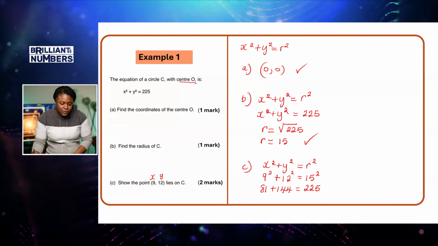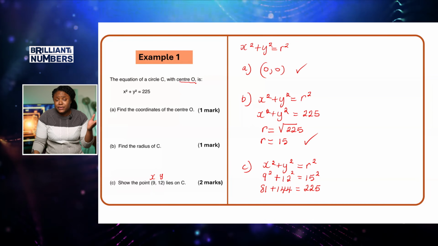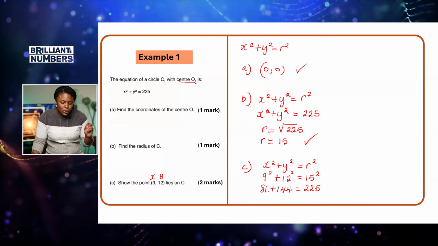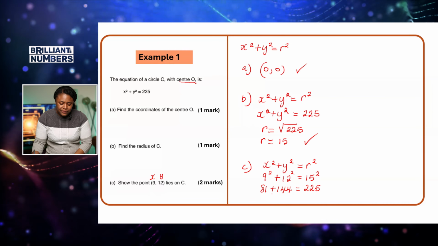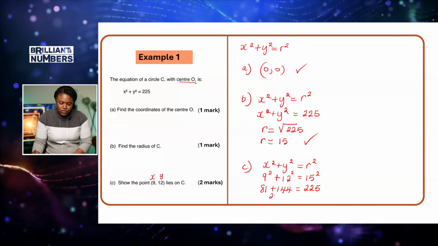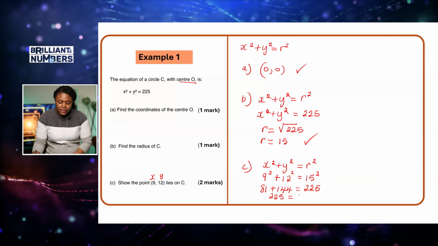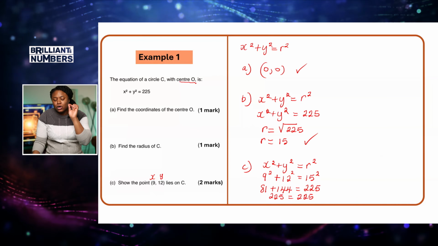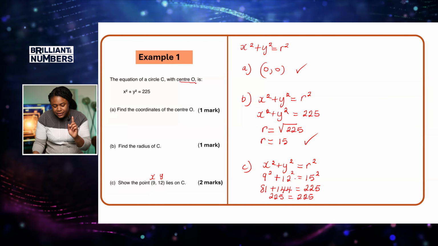So 81 plus 144. Calculator paper, you can put that in. Non-calculator paper, column method. So 81 plus 144 is indeed 225. So therefore, both sides are equal. I now need to make a conclusion that is very important.